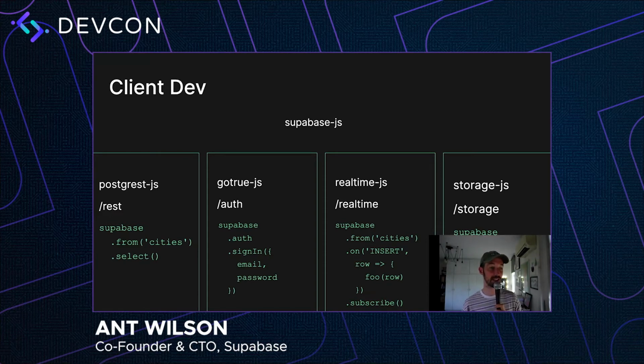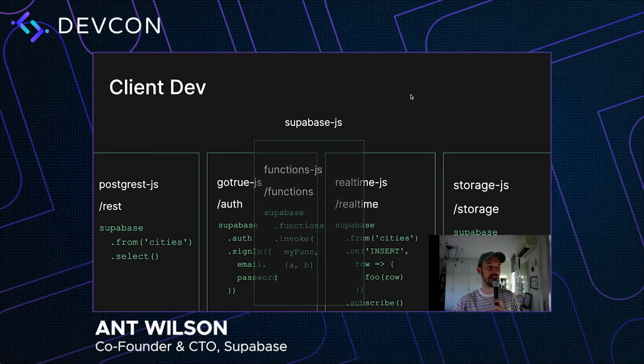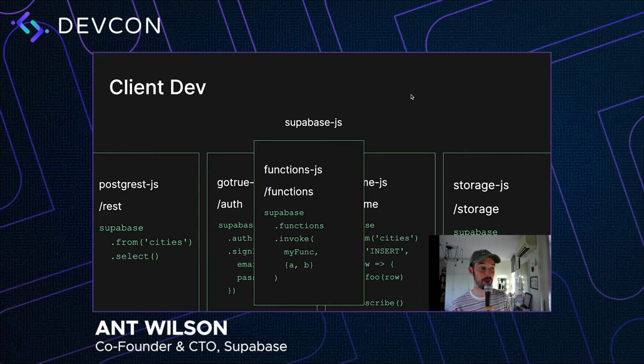And the last thing, storage-js on /storage, is again just kind of straightforward. .storage.from a given bucket. I want to download this file, and the file will be a string. Actually, it'll be a path. So it'll be folder/file.png or whatever. And a sneak peek, this is the first time we've even talked about this anywhere, I think, is that we will probably have something called functions-js.